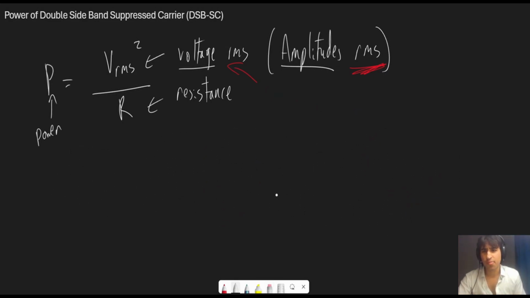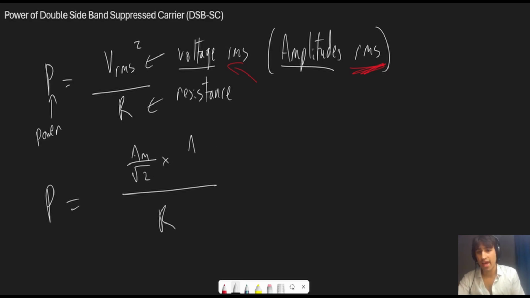Now each sideband has the AM value and the AC value. To calculate the power, we divide by resistance: AM, the amplitude of the modulating signal, divided by root 2, multiplied by AC divided by root 2, and this entire term is squared.